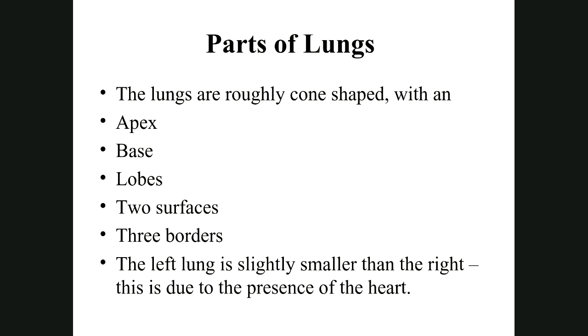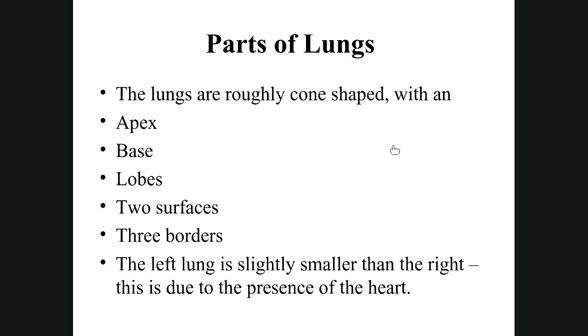Next, what are the parts of the lungs? The parts of the lungs are the apex, base, lobes, surfaces, and three borders. Okay. So these are the parts of the lungs. So what are those?